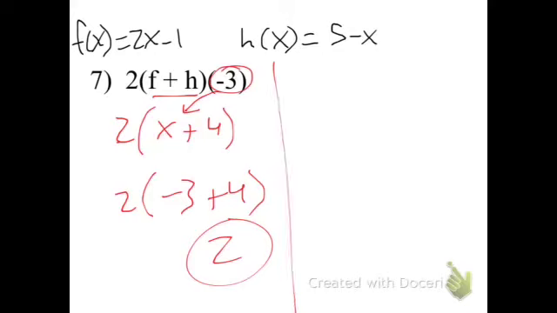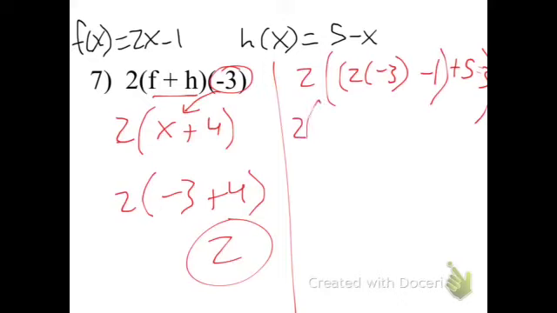There's another way to go about this. If you want to take negative 3 and plug it in first, and then combine and multiply by 2, you can. That's going to give you 2 times negative 3 minus 1 plus 5 minus negative 3.